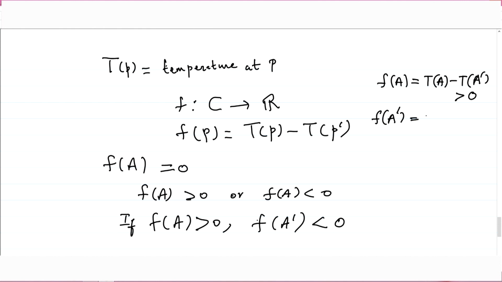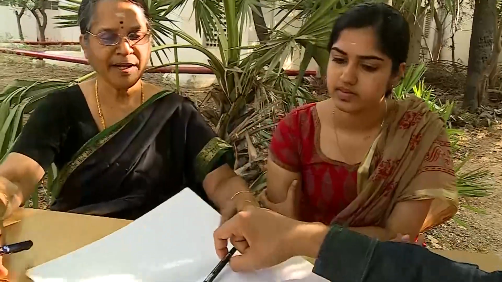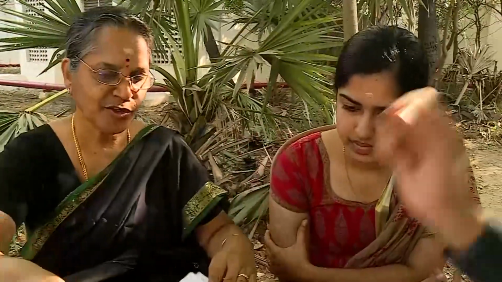F of A prime will be T of A prime minus T of A, since the diametrical opposite of A prime is A, and it is nothing but negative of T of A minus T of A prime, which is less than 0. So, if f of A is different from 0, then f of A and f of A prime have opposite signs. So, that is what you have shown.